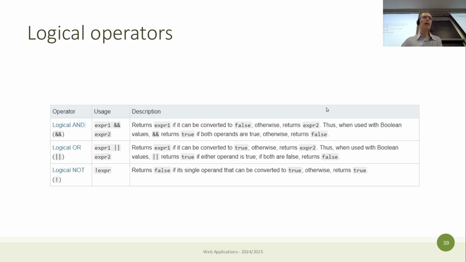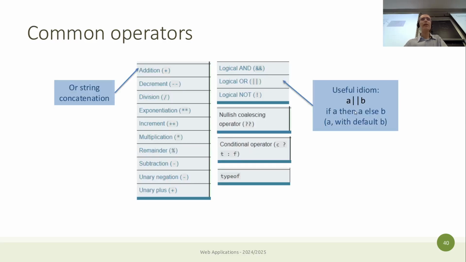Logical stuff, when you need and, or, etc. There are some idioms. We will focus on idioms because they are all used a lot in JavaScript. A or B doesn't only work for Boolean values, but it works also for other types.